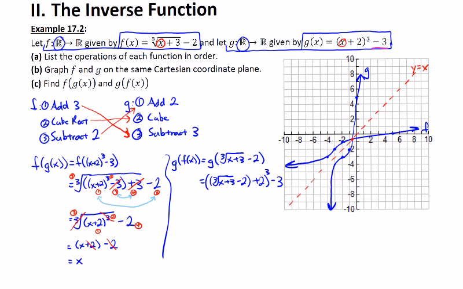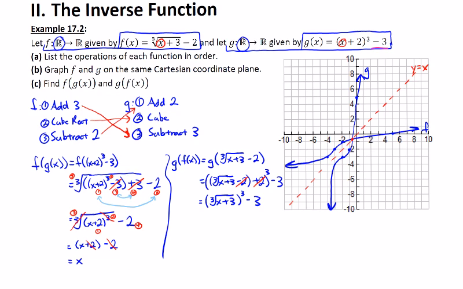So if you go through that same process that we did with f of g of x, of thinking about what's the order of your operations, you will find that one pair of operations will cancel, and that is the minus 2 and the plus 2. So that's going to give us the cube root of x plus 3 all raised to the third minus 3.